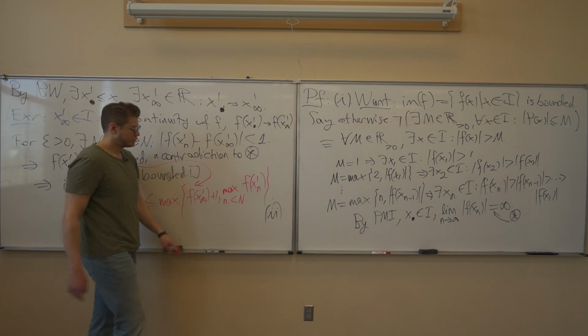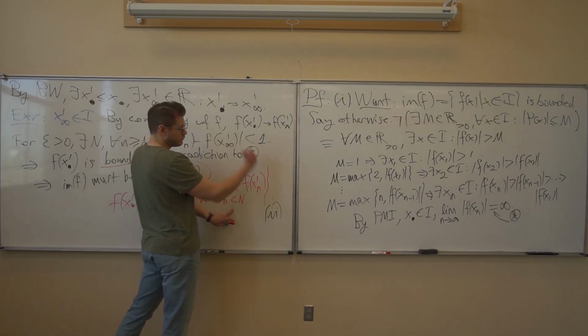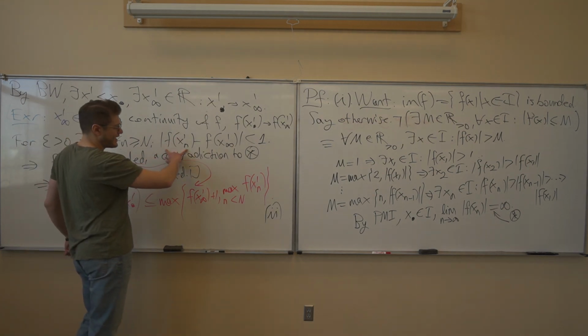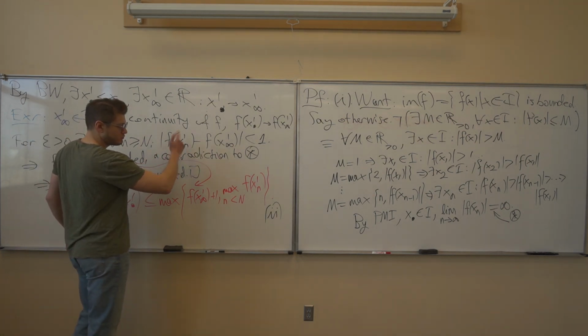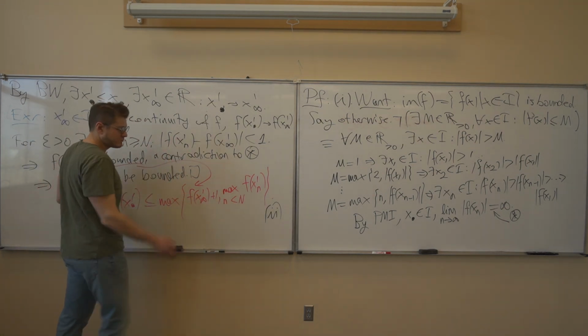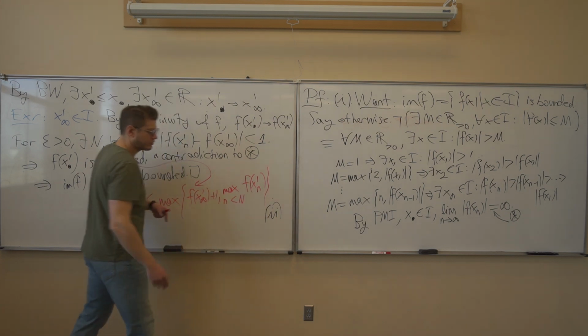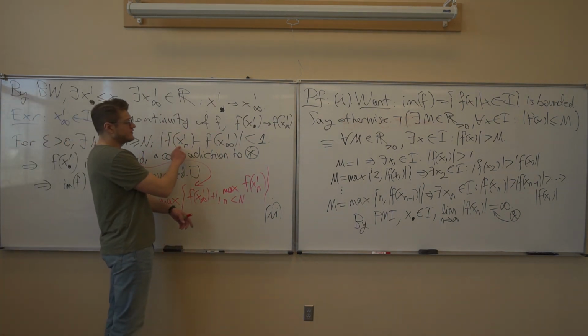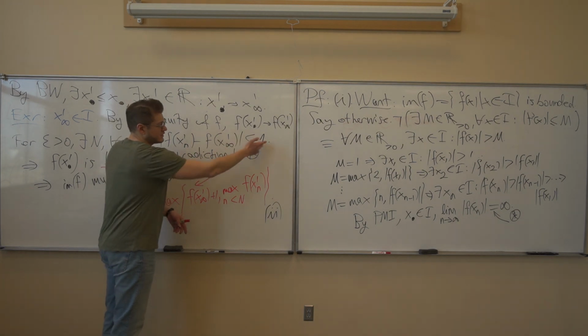Okay. So you're controlling how large this f of x prime sub n can get before this special time N by just taking the max of all of those prior times. And then after that capital N, you know that this is going to be not farther than 1 compared to this guy.